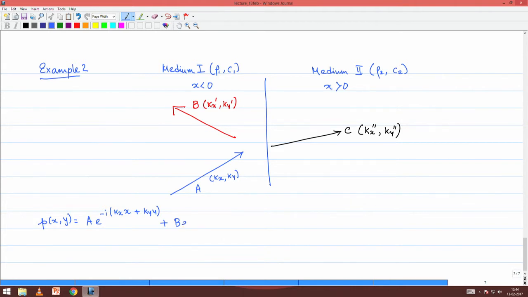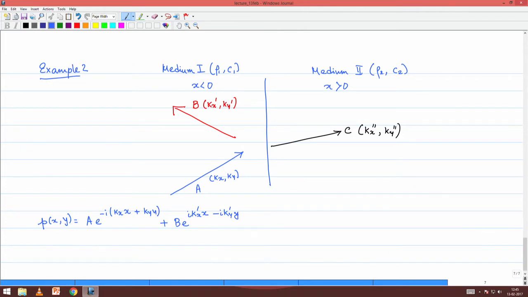So, we can save our effort by saying that the complex exponential dependence would be flipped in sign as far as the x variable is concerned, but for the y variable it will preserve the same sign as the incoming wave, right. The incident wave has minus i k y y dependence. The reflected wave will also preserve that same sign, minus i k y prime y.